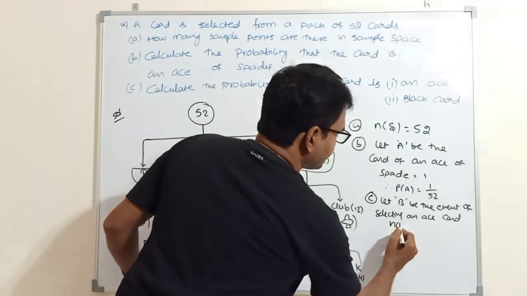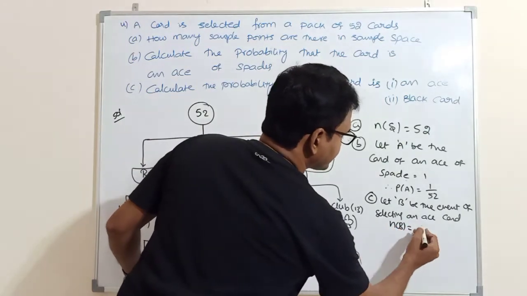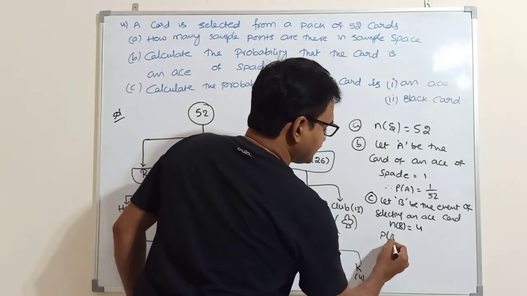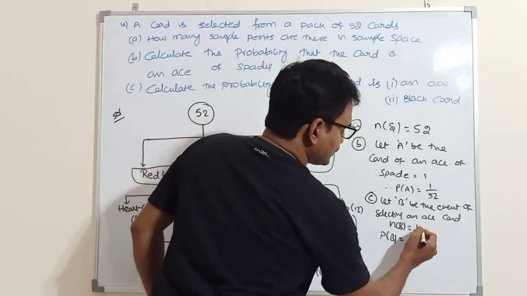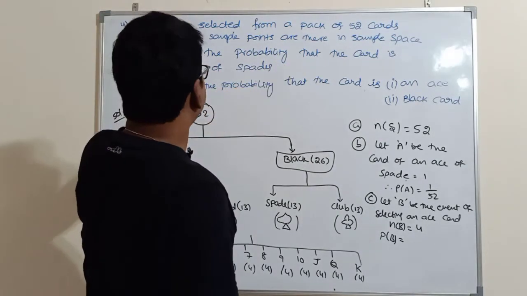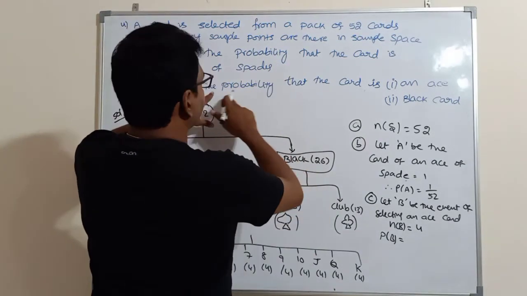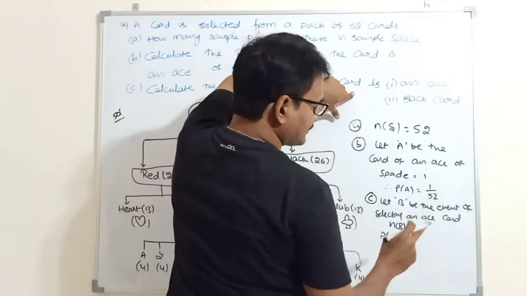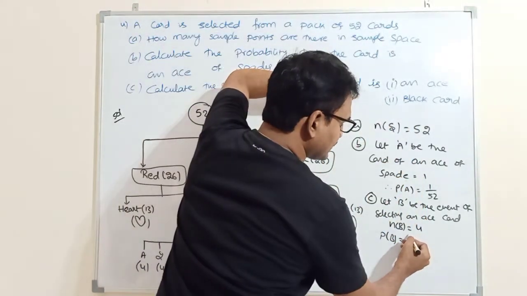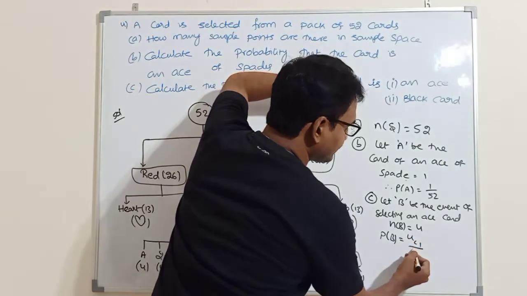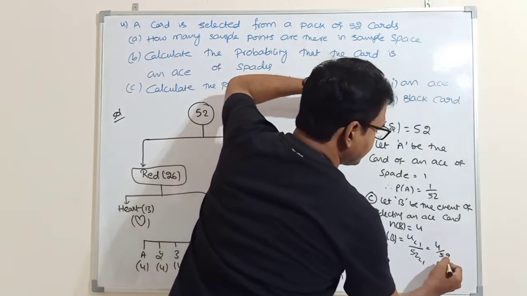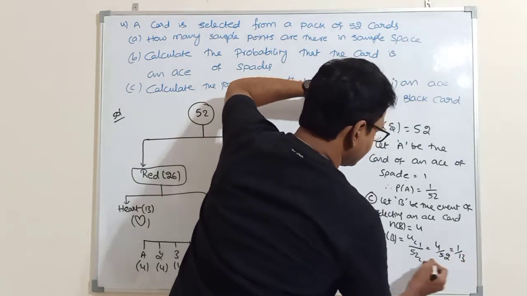Number of ace cards are 4. So what is the probability of selecting an ace card? Out of 4 ace cards you are selecting only one card. So selection means combination. 4C1 by 52C1, that means 4 by 52, which is 1 by 13.